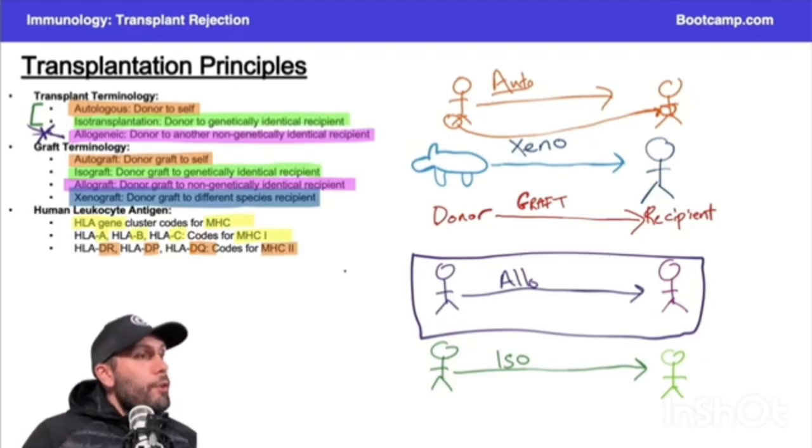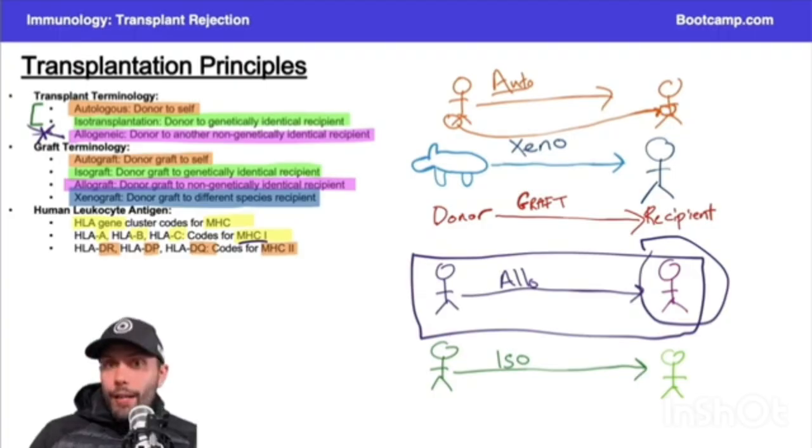The point being though, let's just say that we did donate some organ from one patient to another. There's a couple different things that can happen. So let's just say that this recipient might recognize MHC molecules on that transplanted kidney, for example. They might recognize MHC1 and say, hey, this MHC1 has a different HLA than the HLA that we have.